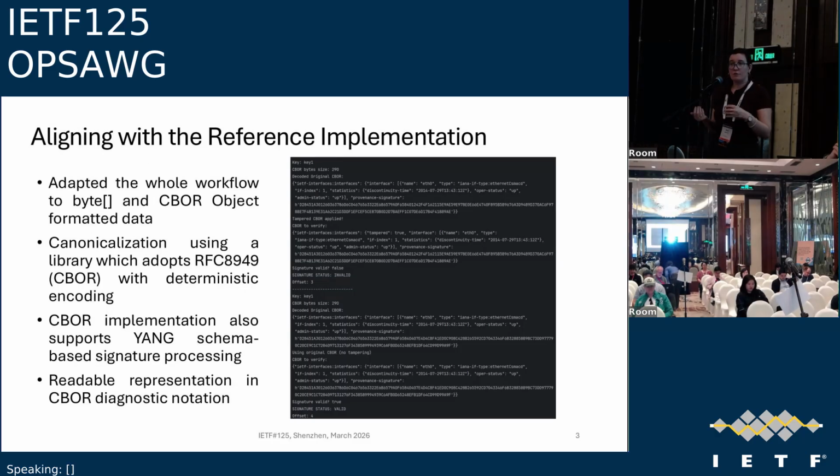Then this draft evolution is aligned with the reference implementation. We presented this code in the hackathon, and what we presented is the whole workflow that we did as an example of using a message Kafka broker, now using byte serialization and the management of these bytes as CBOR objects.